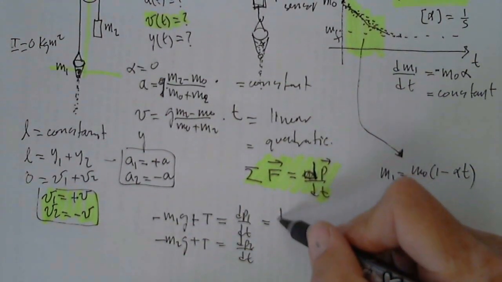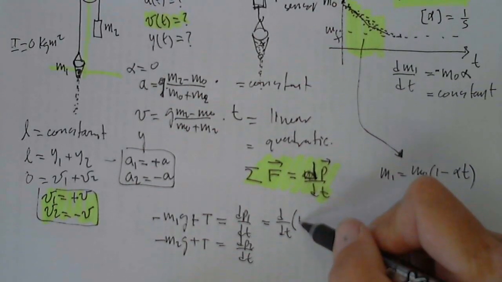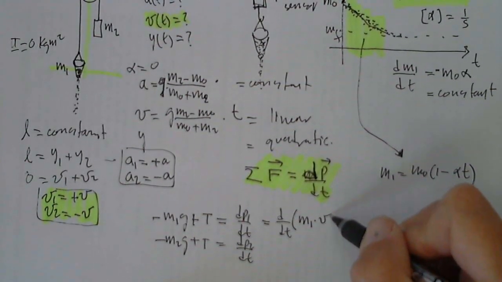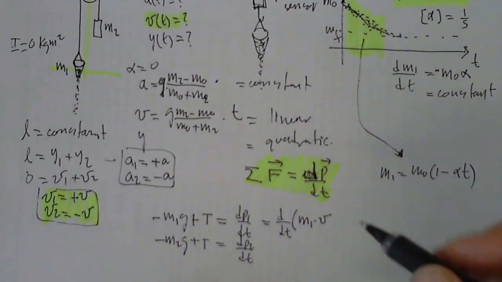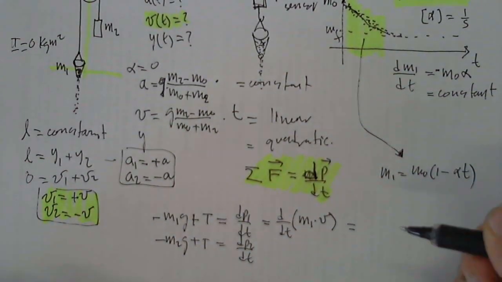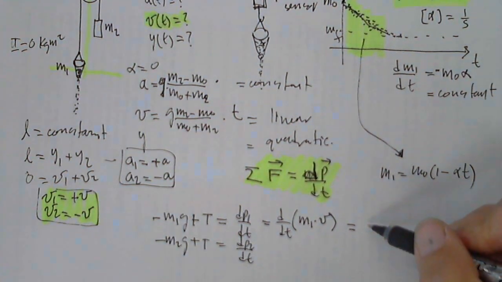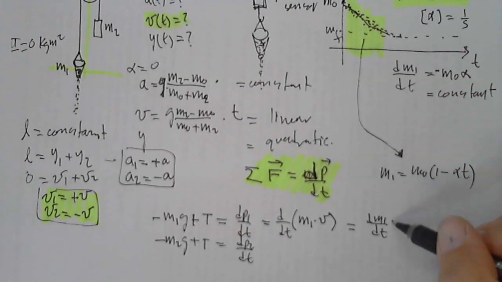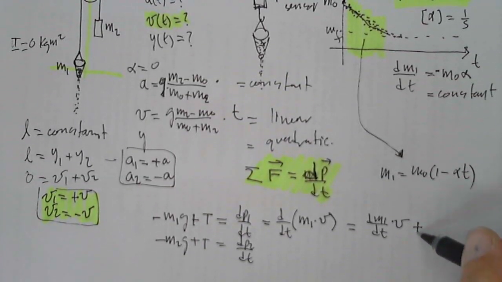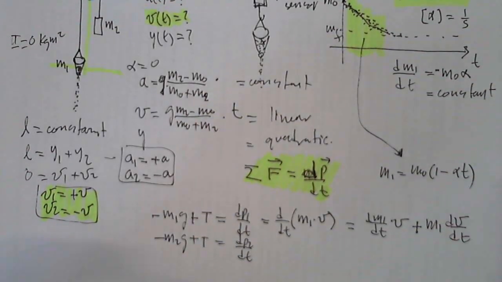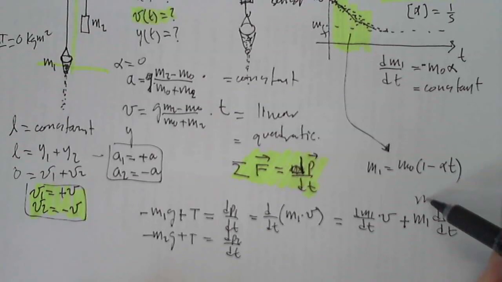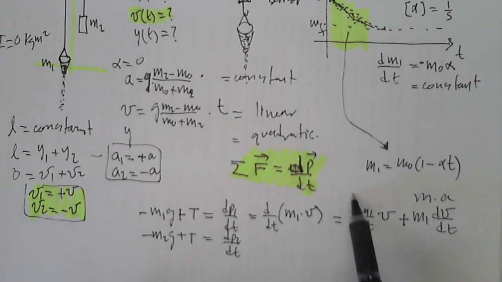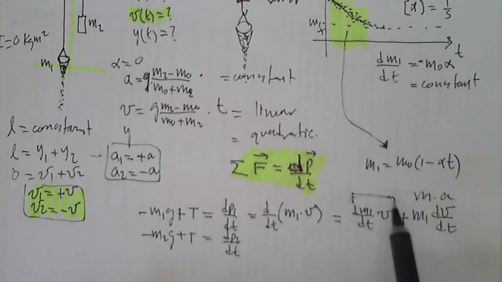Here is the interesting part, because here we got m1 times v1, but v1 is v. So we got dm1/dt times v plus m1 times dv/dt. And this last one is the mass times acceleration. So if the mass is not changing, you don't have this term over here.